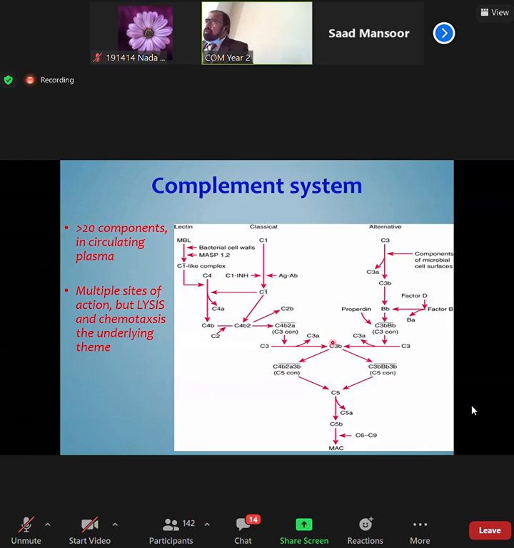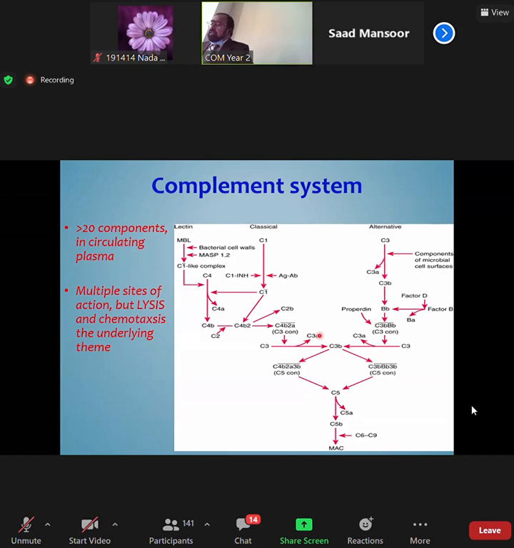C3a goes out, C3b then acts on the C5 convertase enzyme, and this C5 will convert into C5a and C5b. Again, C5a goes out, and acts as an anaphylatoxin, and C5b goes down and activates C6, 7, 8, 9, and they form a membrane attack complex.